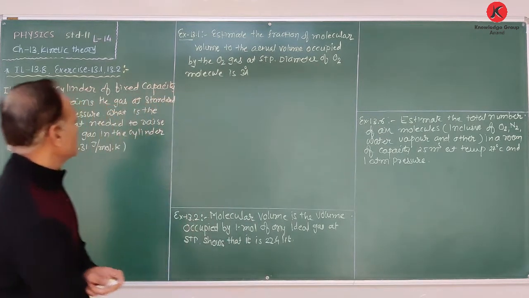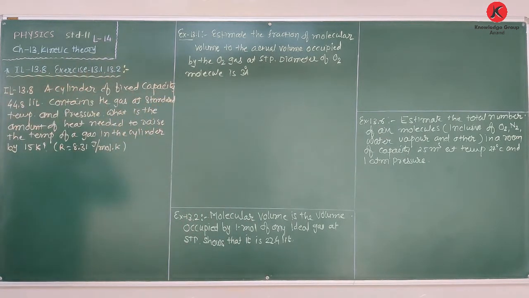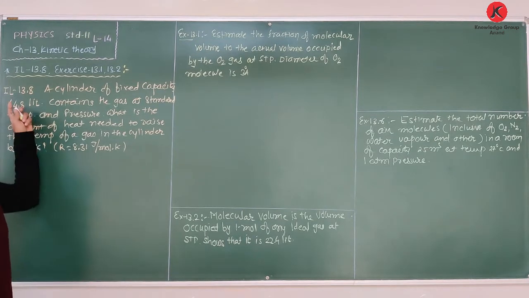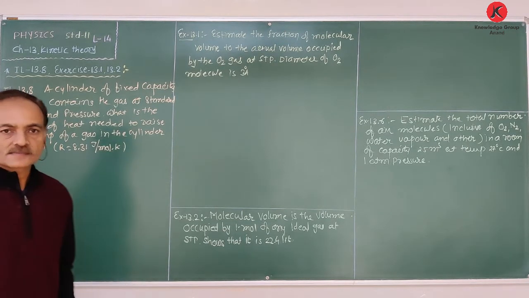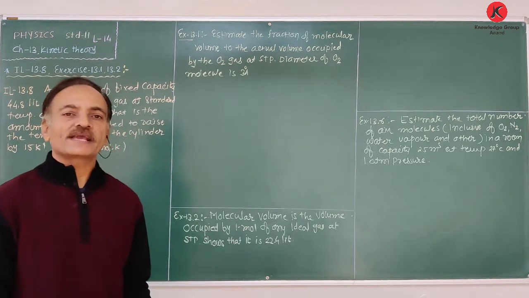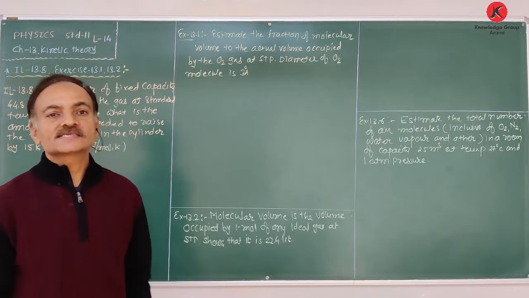Right? Okay. Now listen. First thing, at STP, the volume occupied by 1 mole of ideal gas is 22.4 liter. But here, the volume of the container is given as 44.8 liter. So, what is the quantity of gas in the given cylinder?